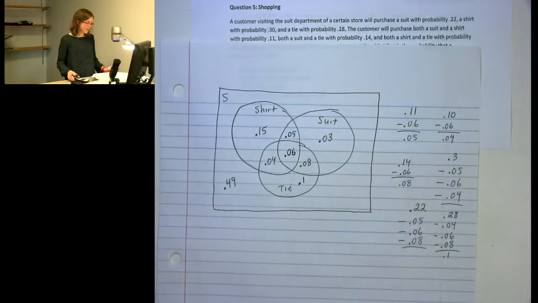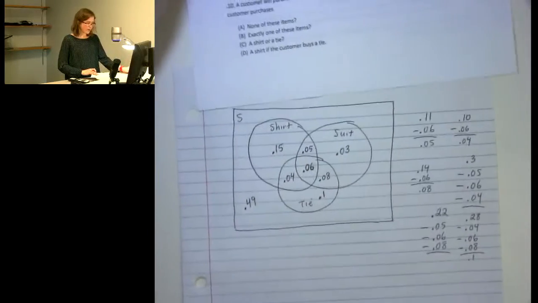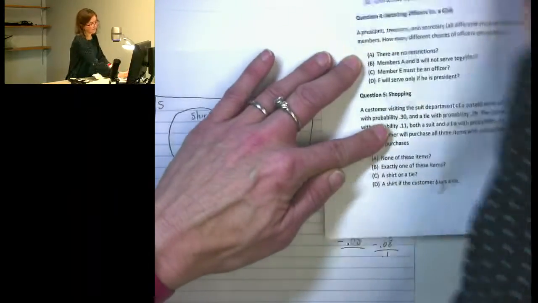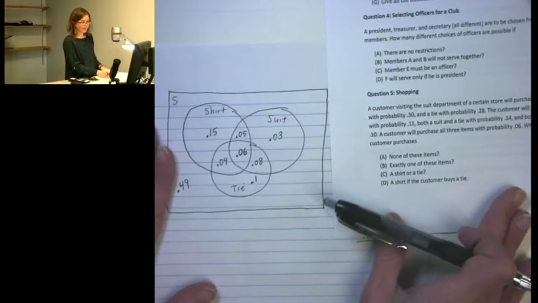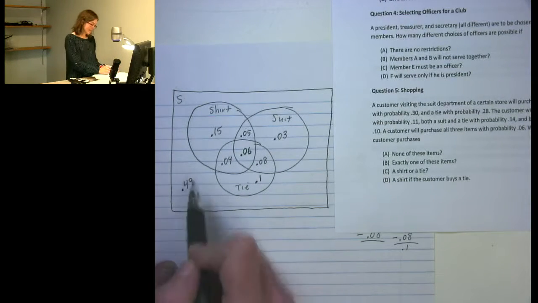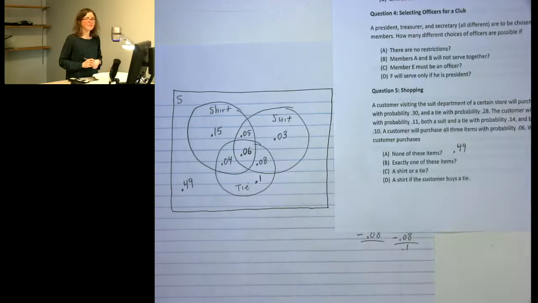So now, when I come to answer my questions, things become very straightforward. What's the probability that a person buys none of these items? I can see very easily from my Venn diagram that the probability that somebody buys none of those items is 0.49.